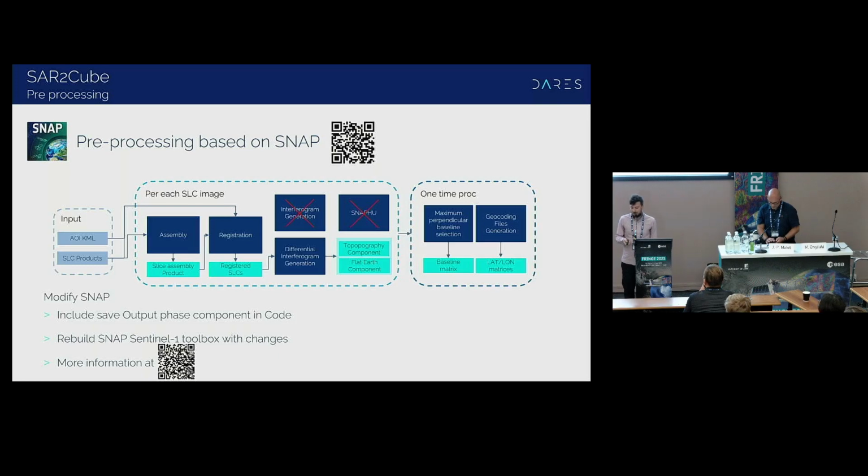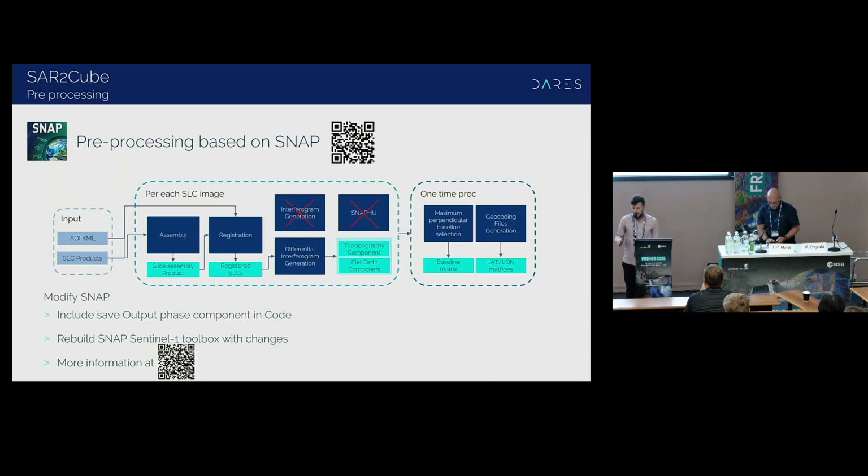So let's have an overview of the pre-processing based on Snap. Here, as you can see, you can find the link to the GitLab repository. So through an AOI, SLC product, we do the registration.